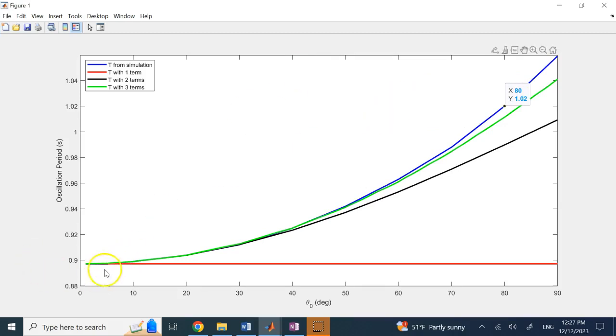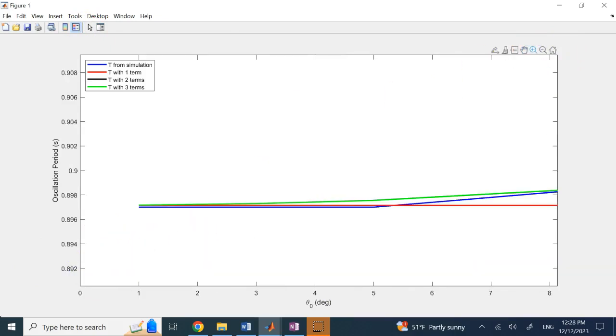And you can see that in the low range, at small initial angles, they are all on top of each other. If I zoom in, you see in the range of small angles, all of them are the same. It's roughly up to 4 or 5, even maybe 6 degrees. You see the difference is not huge.